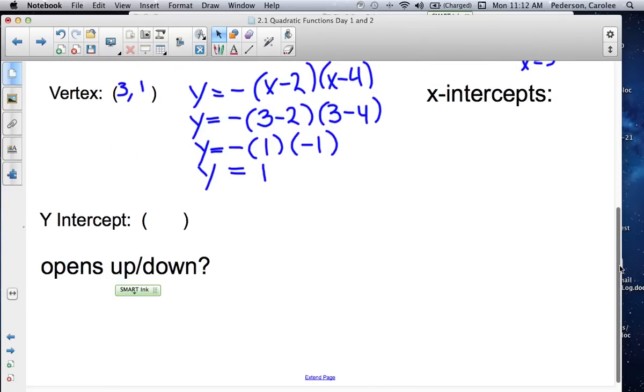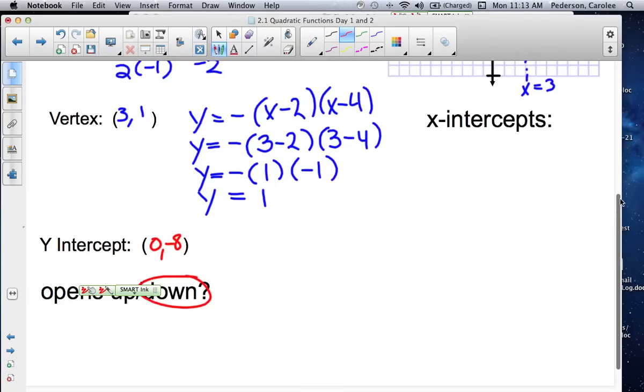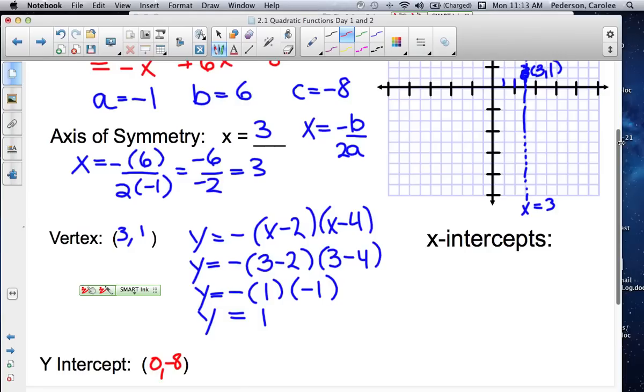So my y-intercept then is 0, negative 8. I also noticed from my original equation or my standard form equation that my a is negative, so my graph must open down. I'm going to graph my y-intercept over 0, down 8.